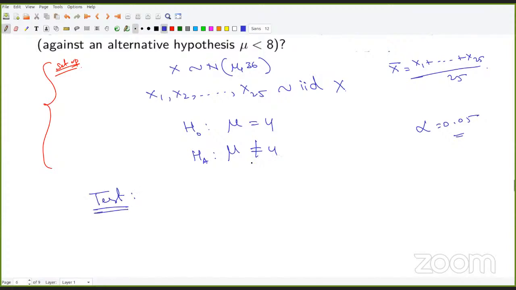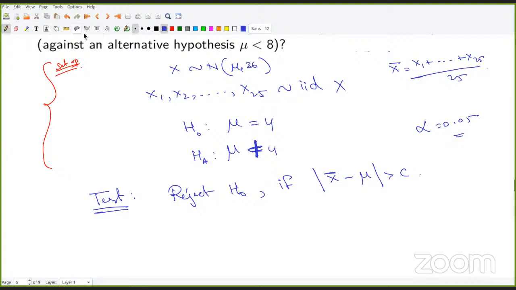We had kept it like X bar greater than c, and then we reject. What about the not-equal case? When are we going to reject null? When the modulus of X bar minus mu is greater than some c.